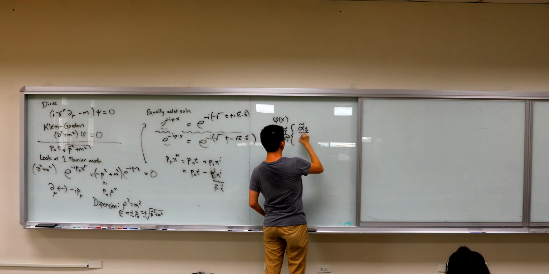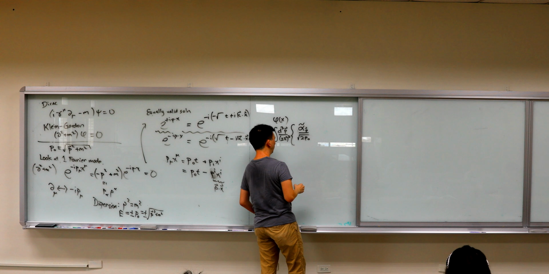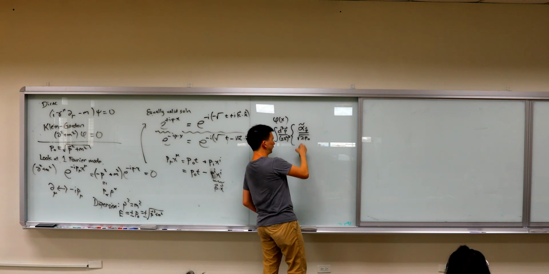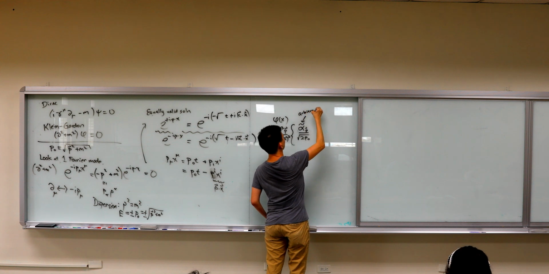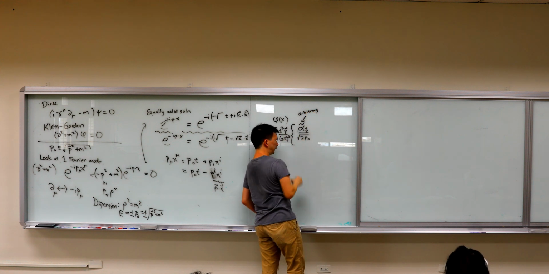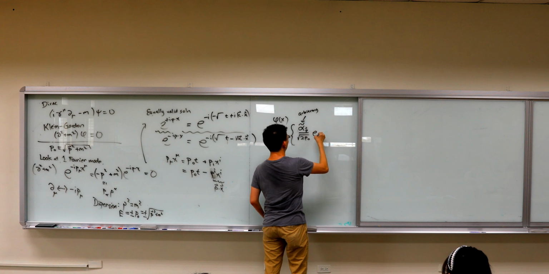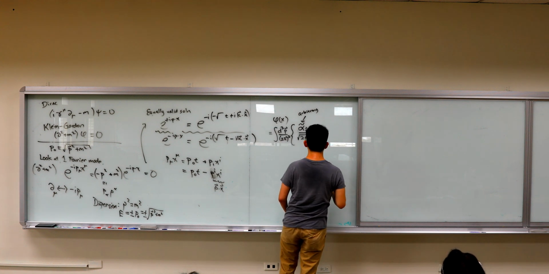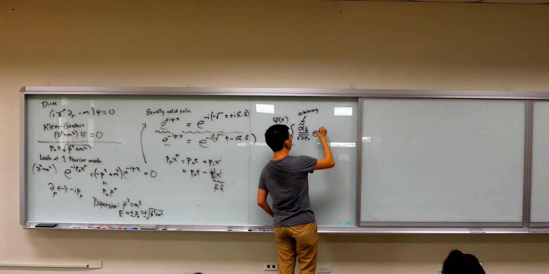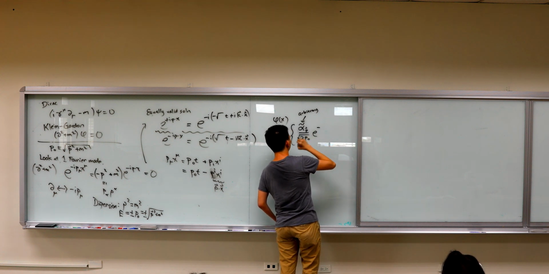And what I'm going to do is I'm going to divide it by square root of 2 P naught. This is just, because this is arbitrary for now, just a rescaling, which I'm not losing anything by doing that.